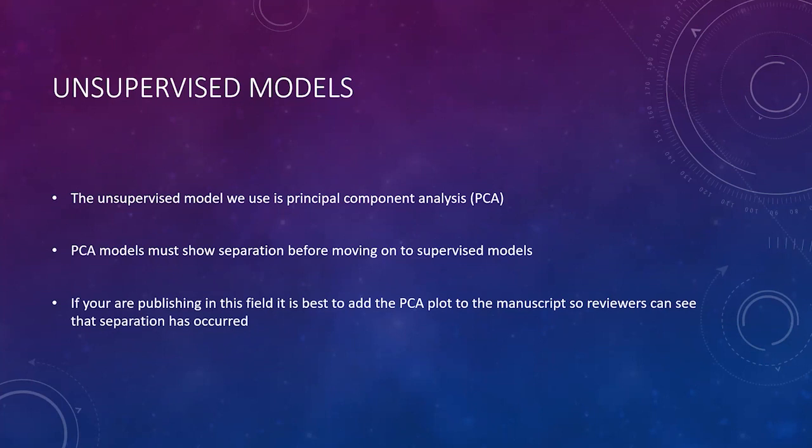You need to change your parameters to try and get separation in your PCA. But if you have no separation, then basically you need to go on to a different project or change what you're doing. I can't emphasize this enough. And again, if you're publishing in this field, please add the PCA plot to your manuscript, so as a reviewer, I can see if you have separation or not.